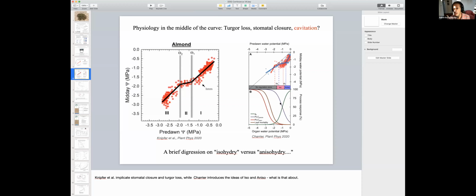The thing that jumps out at me is he has the petioles cavitating even as the stomata are shutting. I think that's a little controversial. I'm not sure everybody would agree with that. But in any case, this is the effort, right? We want to match physiology to the behavior, the different phases we see in these diagrams. Okay.